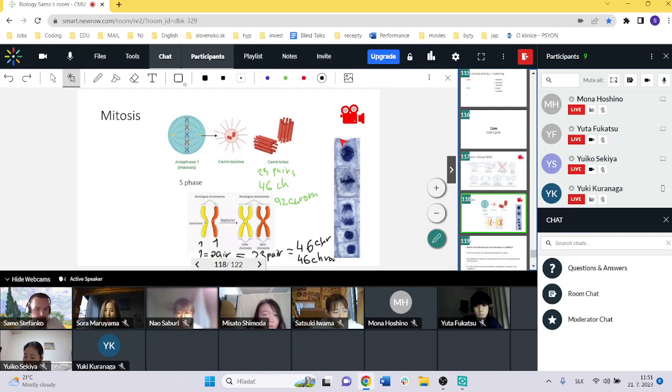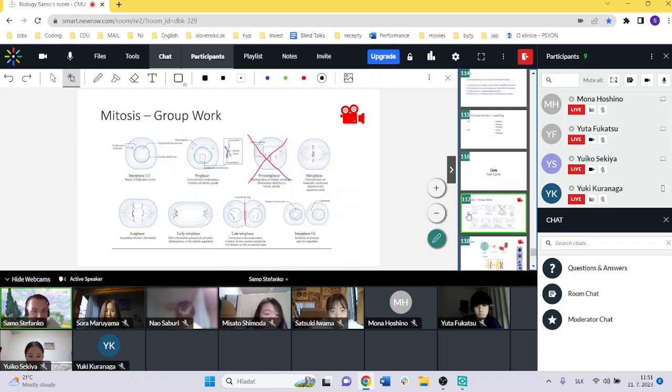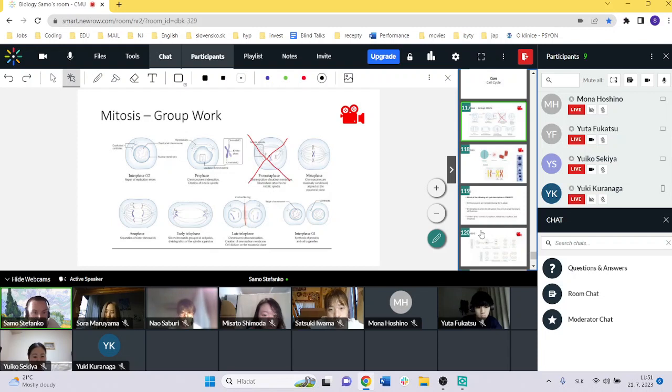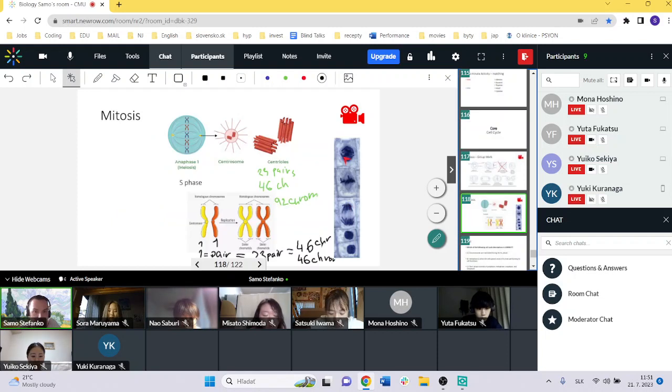Prophase, exactly, because there is a condensation of chromosomes. This is the drawing, and this is a real life prophase. The next one, what are your thoughts?